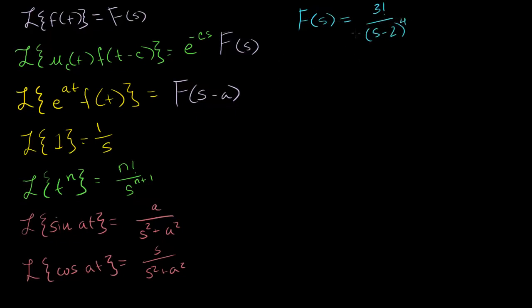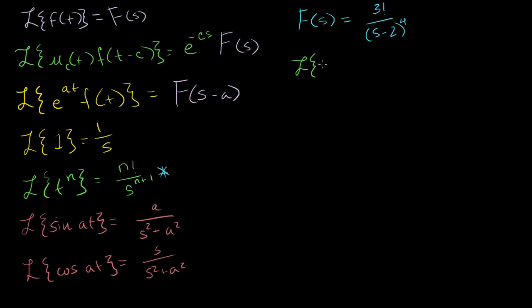Now, the pattern recognition part of your brain should immediately say, look, I have a Laplace transform of something that has a factorial in it, and it's over an exponent. This must be something related to this thing right here. If I just had the Laplace transform of, you see a 3 factorial and a 4th power, so it looks like n is equal to 3.